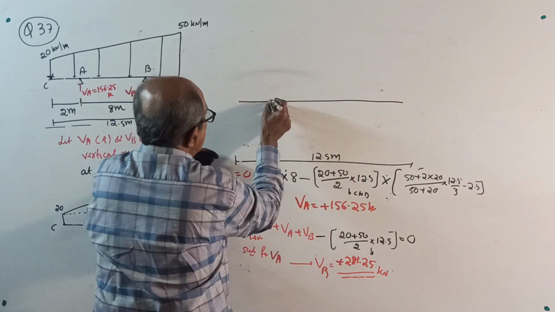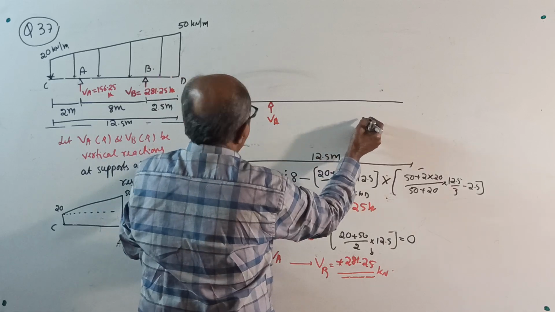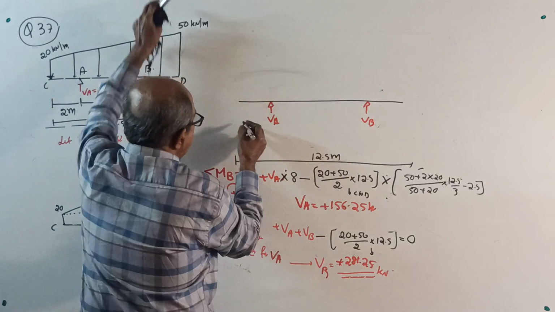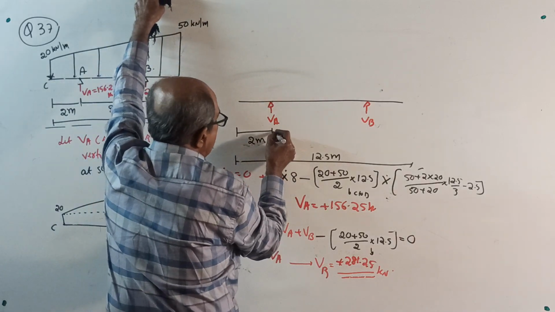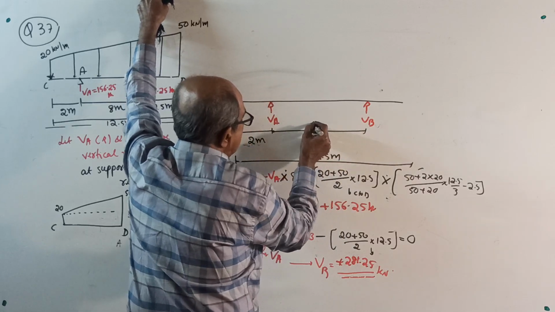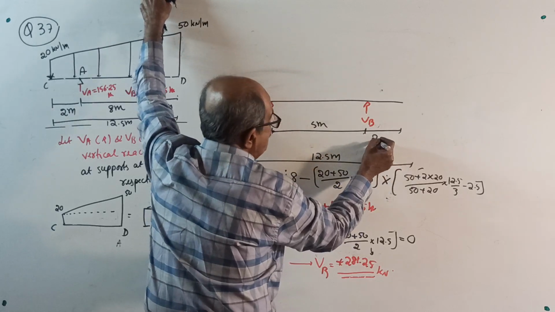This is your VA and this is VB. Distance from here to here is 2 meter. This distance is 5 meter and this distance is 2.5 meter.